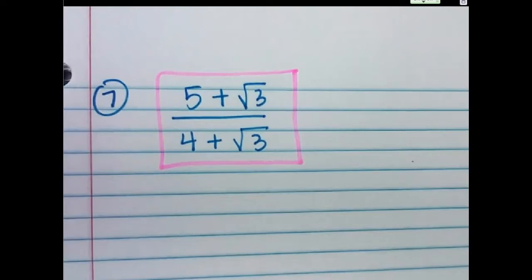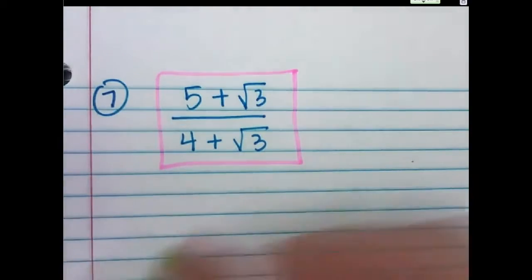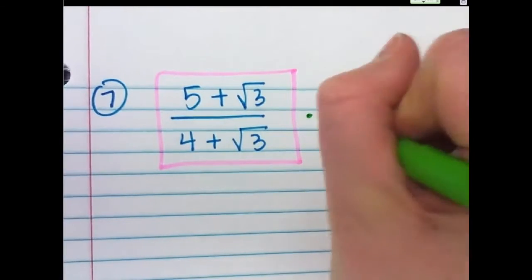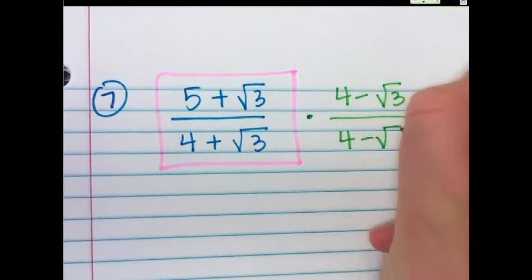Okay, I don't care about the top. I care about the bottom. So what am I going to multiply by? 4 minus square root 3. Perfect. 4 minus square root 3, 4 minus square root 3.